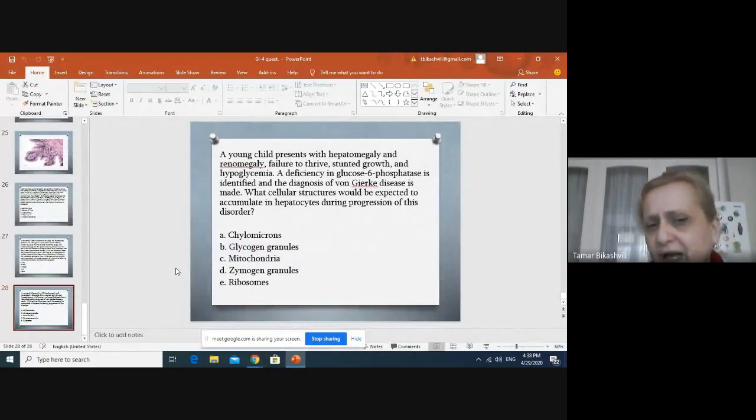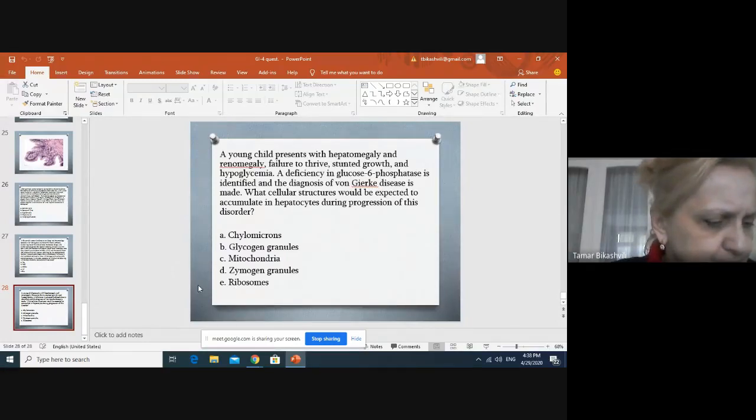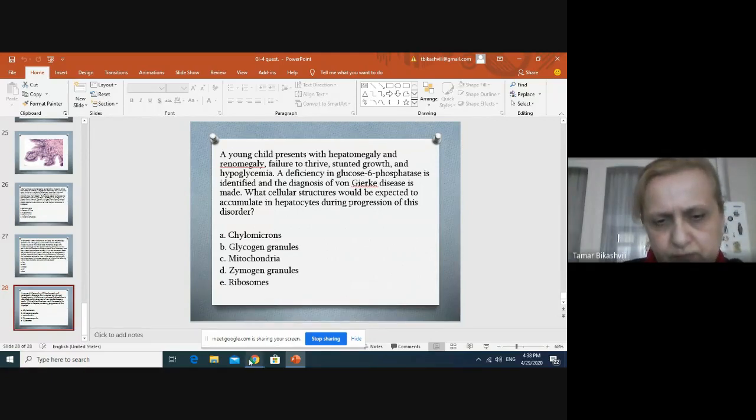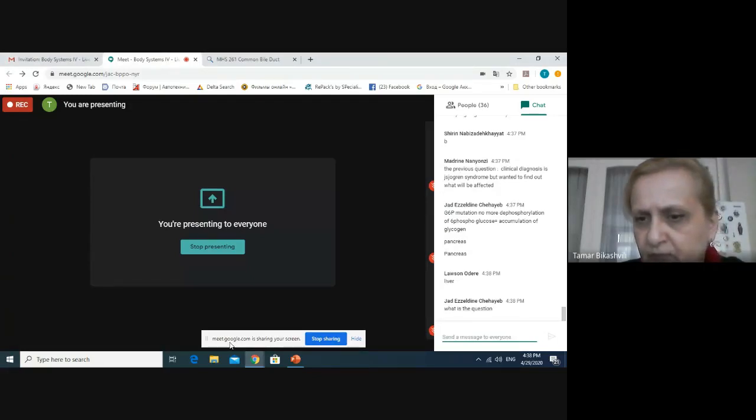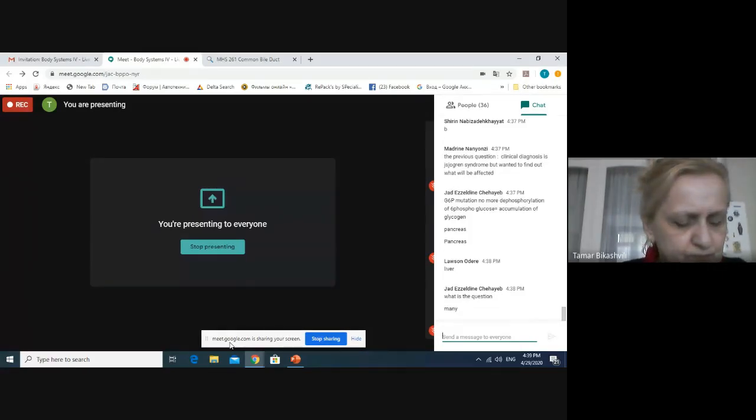And what do you think, are there numerous ribosomes in hepatocytes? The question is, what about the ribosomes? Yes, of course, there are many.